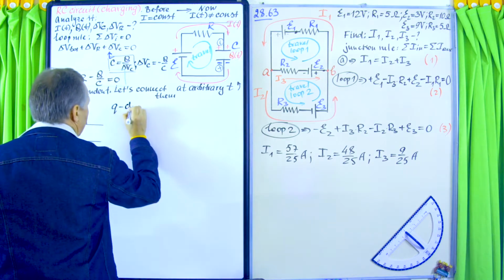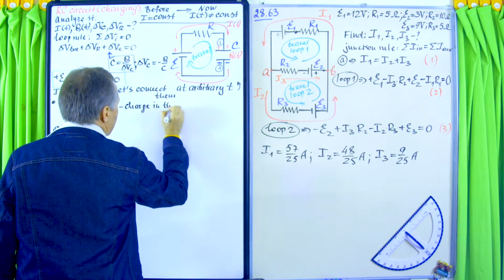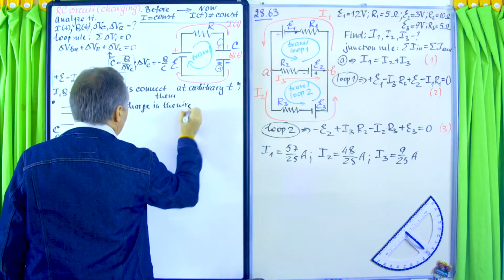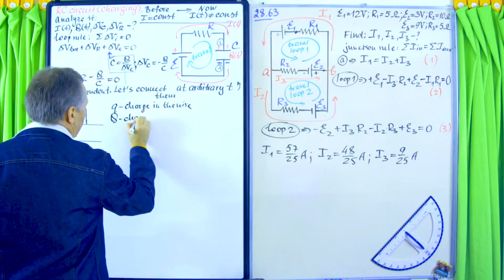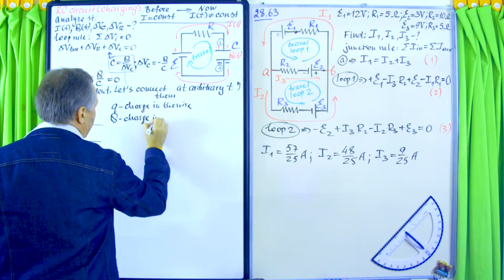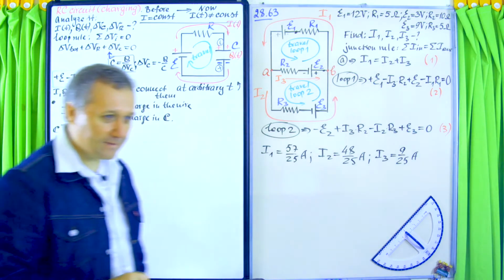I will write the charge in the wire. And Q capital, of course, is the charge in the capacitor.